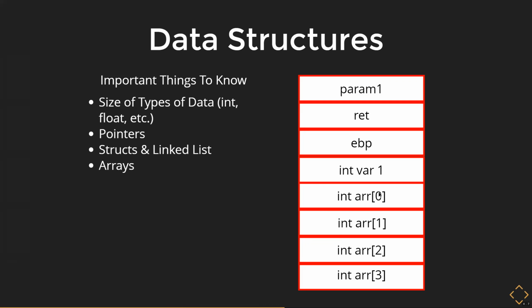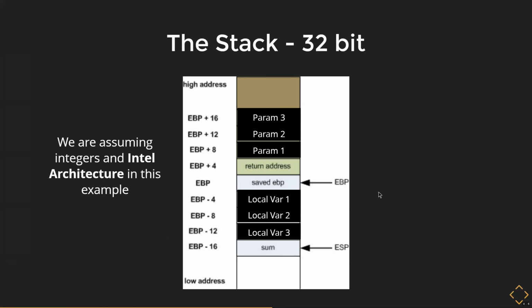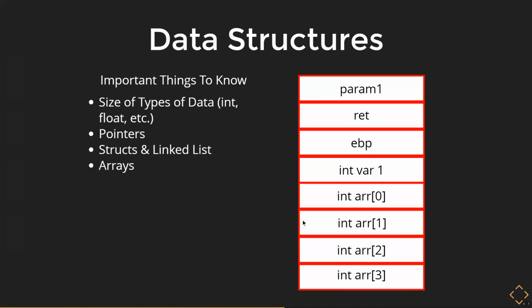If we look back, we see how EBP minus 4 takes a local variable. Well, in this case, it's going to take an element in the array. So, since there's a variable above it, you can consider R0 to be EBP minus 8, R1 to be EBP minus 12, et cetera, et cetera.